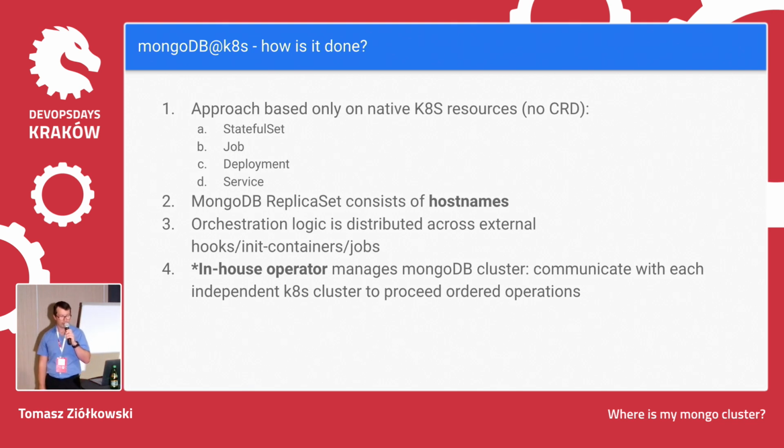And the orchestration logic, so the logic that is responsible for building the cluster and configuring it at the beginning, is distributed across external hooks, init containers, and our in-house operator. I put an asterisk here because it's not per se an operator. It's not running inside a Kubernetes cluster. It's an outside application that communicates over API with multiple Kubernetes clusters.